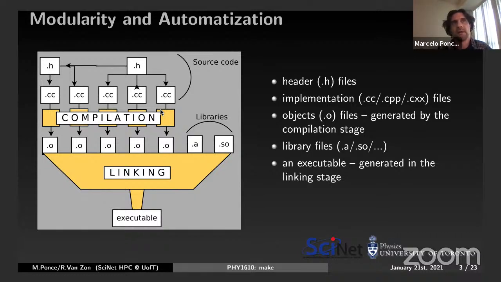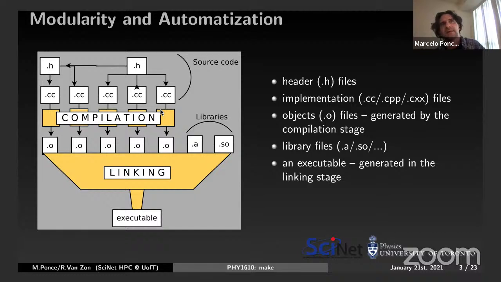Now you will notice two stages in the compilation. First, the actual compilation, where the compiler takes your source code from your module and generates an object file. An object file is nothing else than the source code translated into binary or machine code, if you wish.